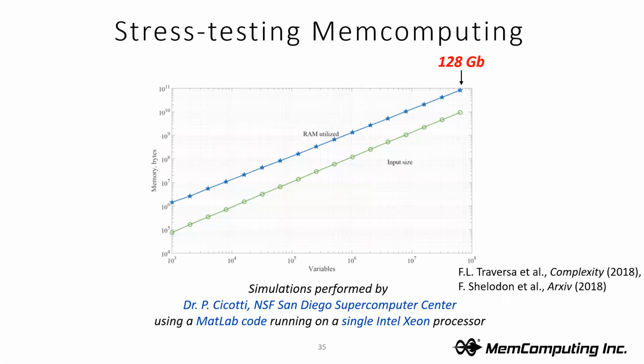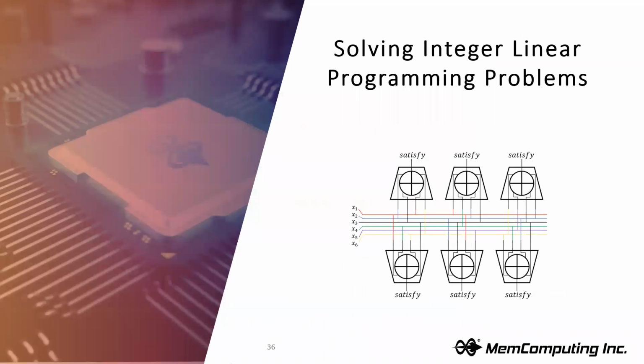Also, here just to show the simulation itself does not require really big uses of memory. Even the RAM that we used to simulate those circuits was bounded, just proportional to the input size. That's how you can use MemComputing to solve such problems.